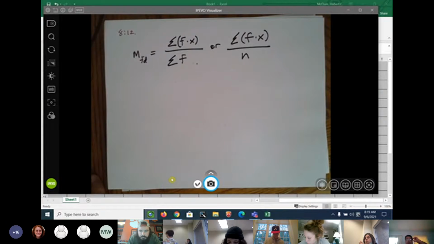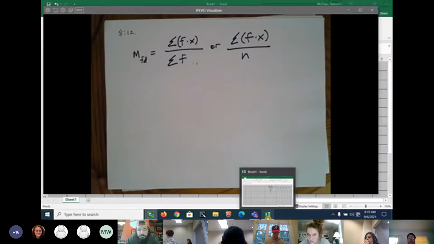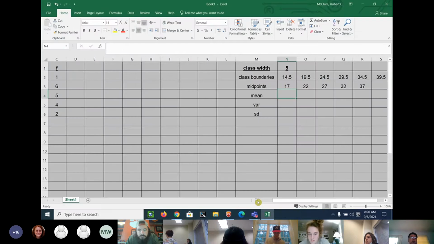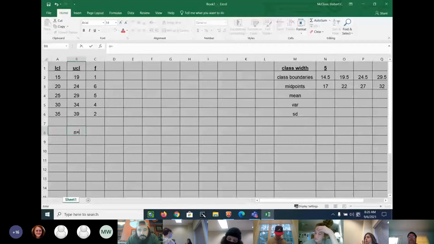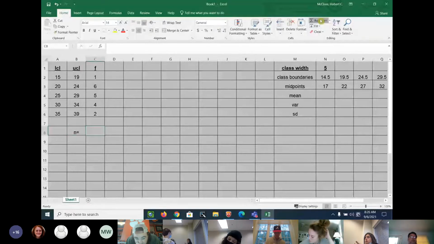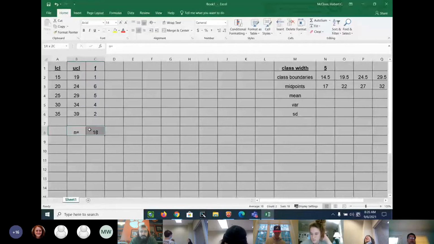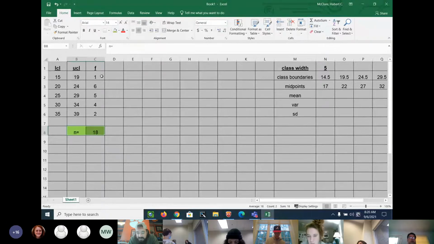So let's take our handy dandy spreadsheet, and we need to find n. There's n. So I'll color that green. It kind of helps to have things colored that you need. And we're going to need f.